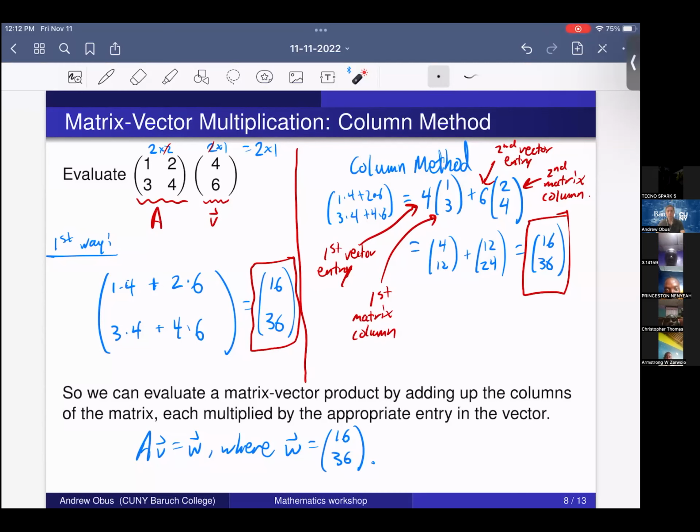If the vector had size 3, so we had 4, 2, 6, will we be able to multiply by the other matrix, the (1, 3), (2, 4)? No, exactly, we would need another column, right? Because if we had 4, 2, 6, we'd have a length 3 vector. And that means that the matrix would have to have 3 columns to be able to do that. Okay. Other questions?